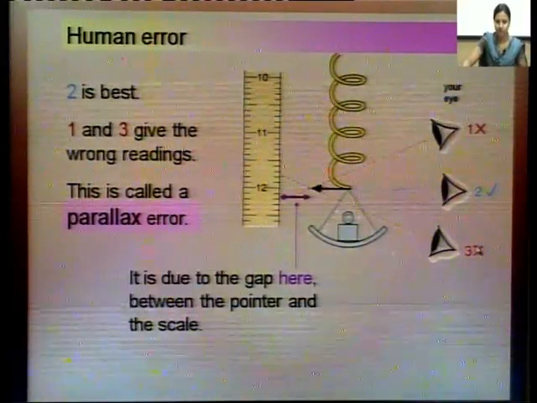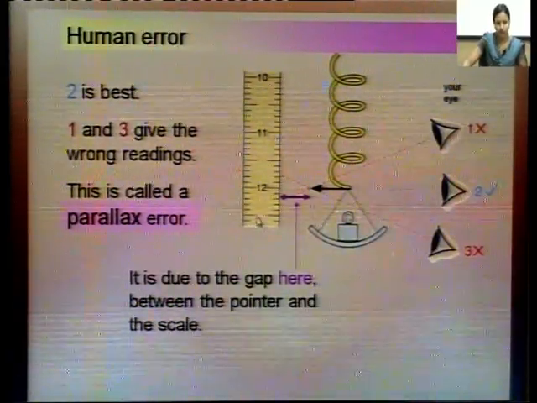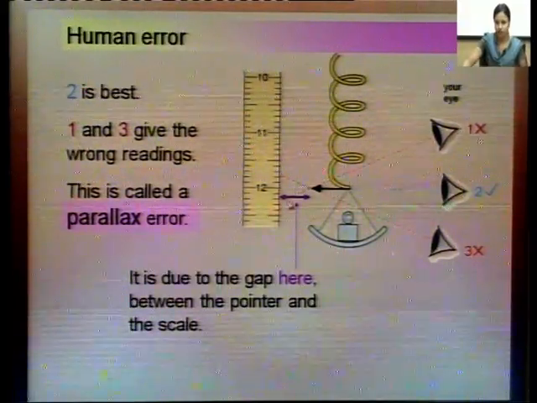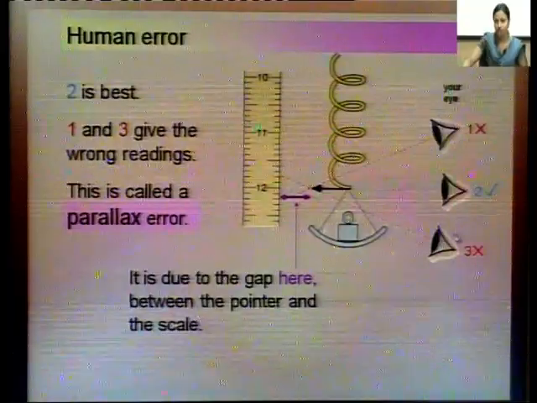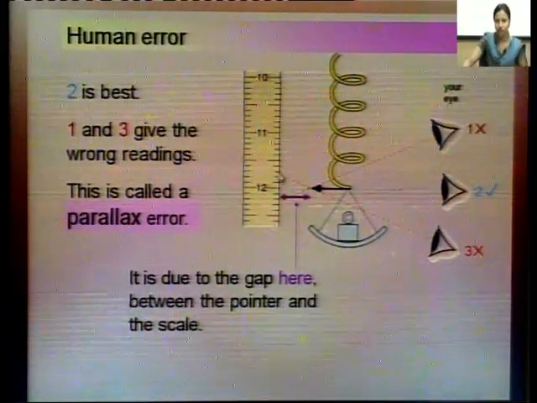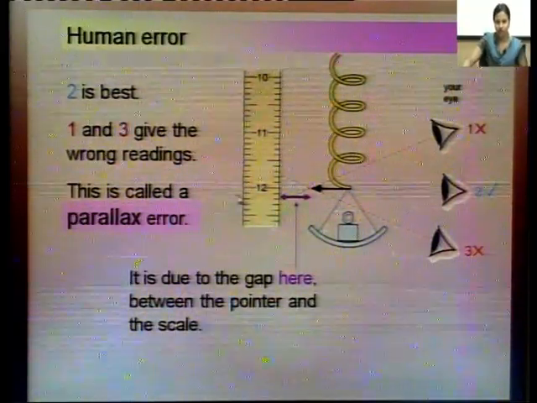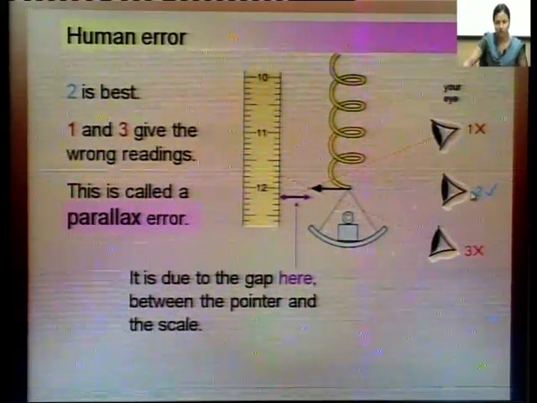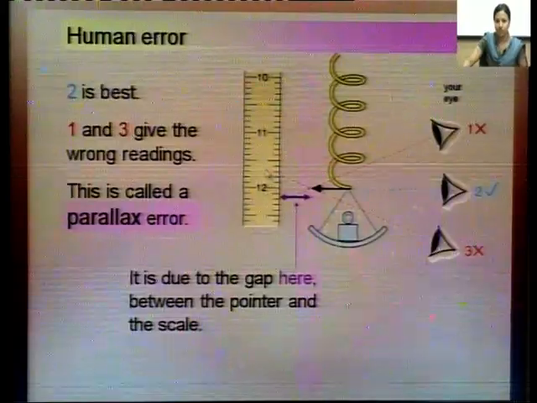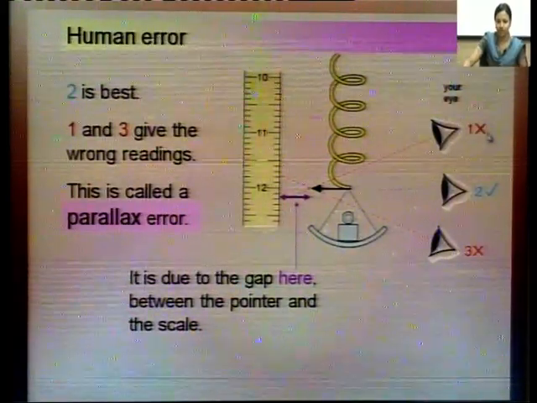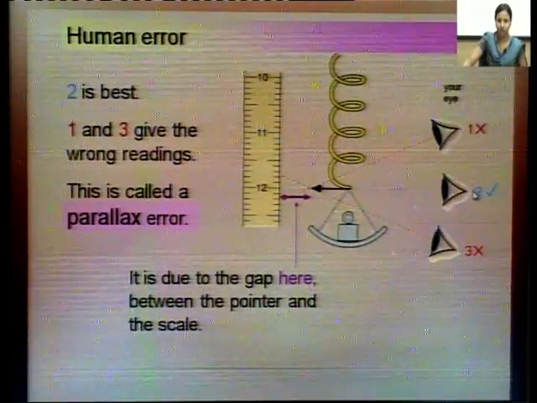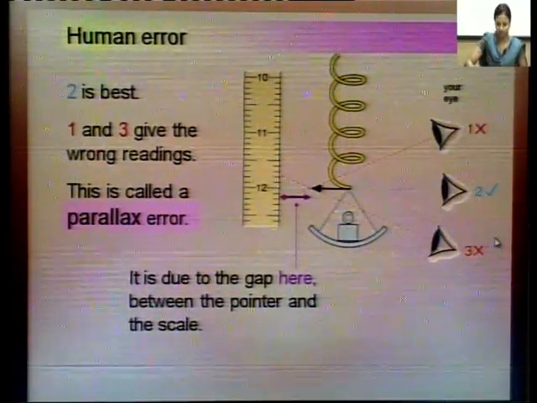These two positions will cause an error in reading, because if we are here, then we will most probably read these values, not this. So to read this value we have to be at this point. This type of error is called parallax error, if we move our eye from 2 to 1 or 3.